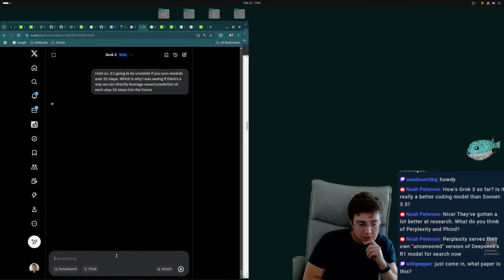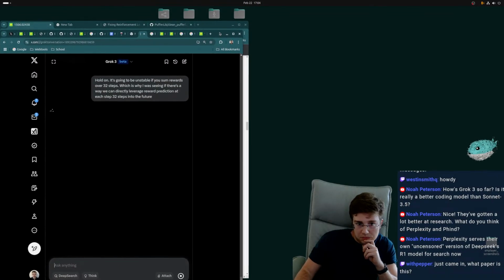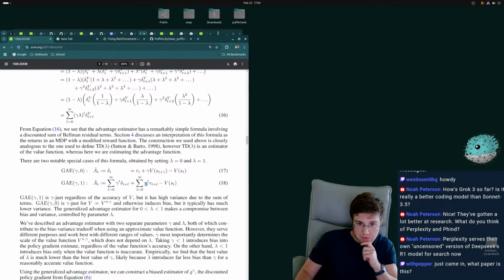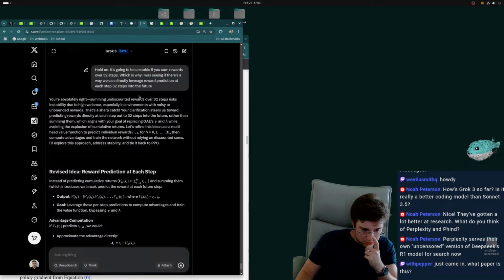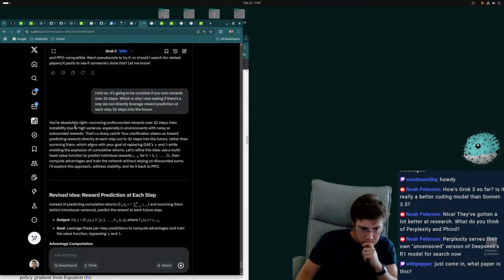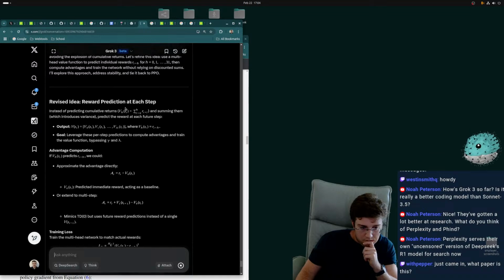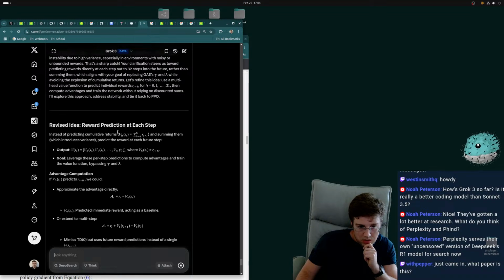This is me mucking around with generalized advantage estimation and bouncing stuff off an LLM. I'm trying to see if we can do something to replace the lambda and gamma parameters. Rewarded each future step.